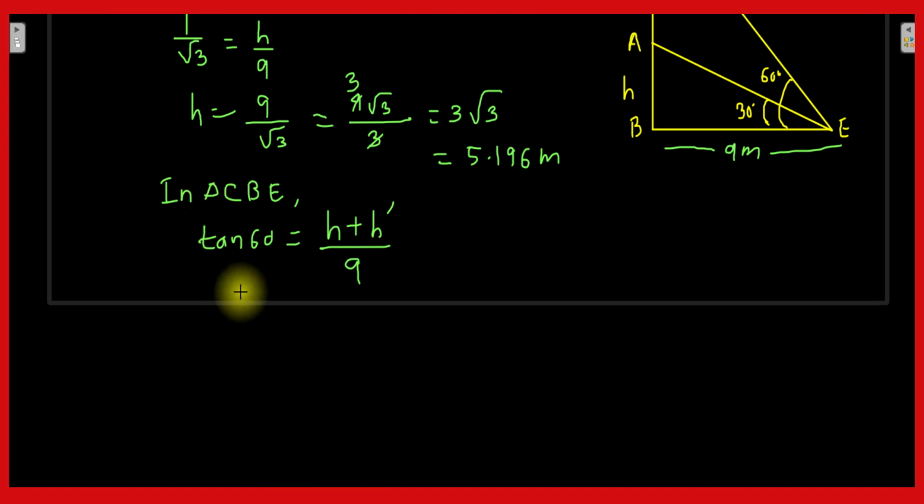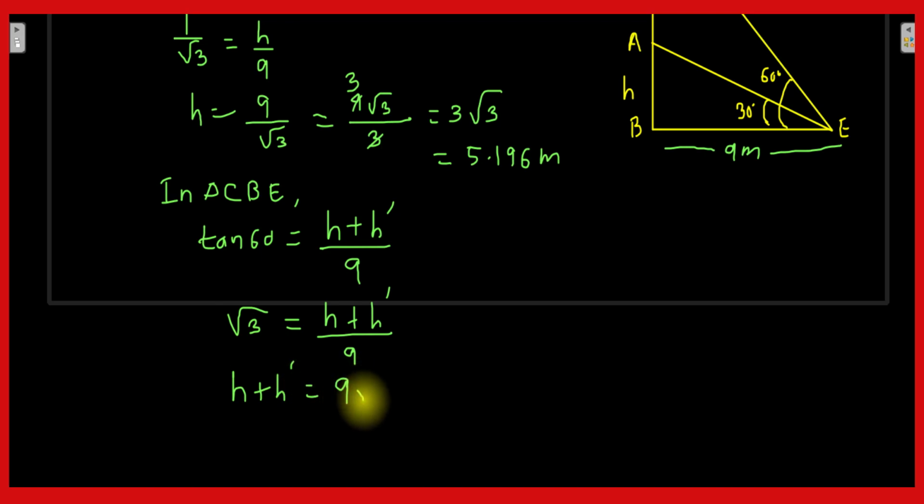So root 3 is equal to H plus H dash upon 9. Take 9 to this side, so you will get H plus H dash equal to 9 root 3.